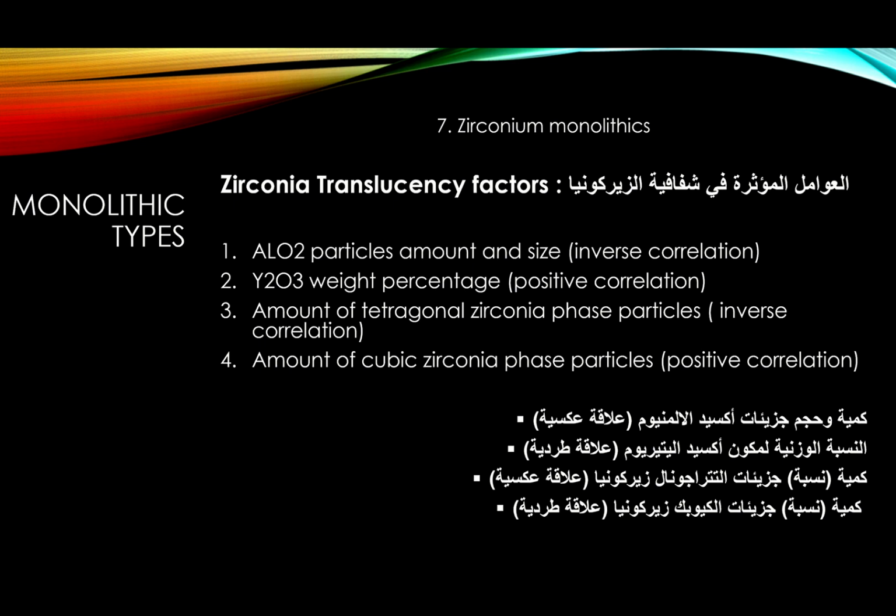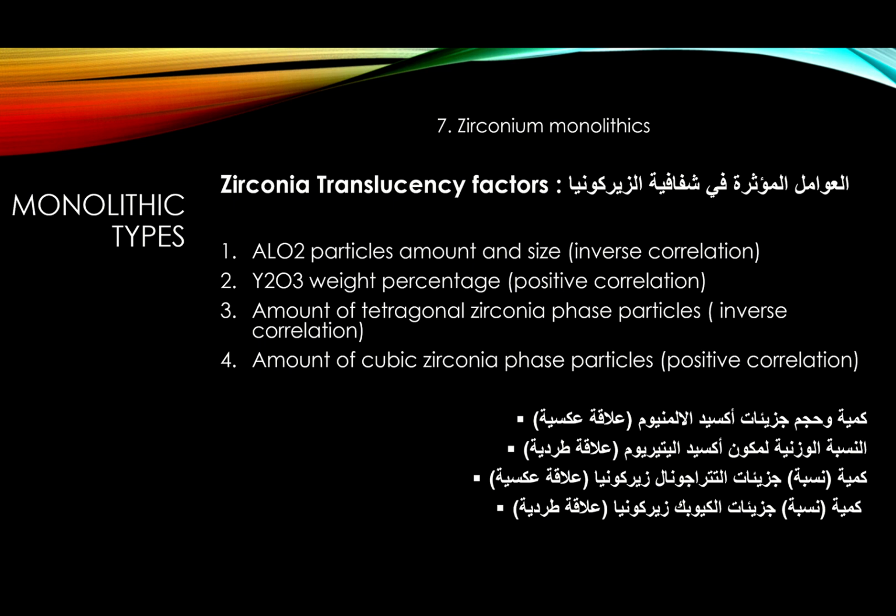All right, if there's more aluminum oxide, then it's less translucent. If the particle size of the aluminum oxide is bigger, it's less translucent. So we want less aluminum oxide to get more translucency, and it has a different effect that we will talk about later. So aluminum oxide, it's an inverse correlation.